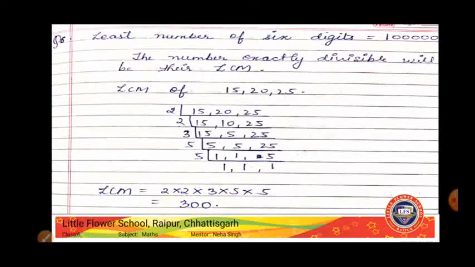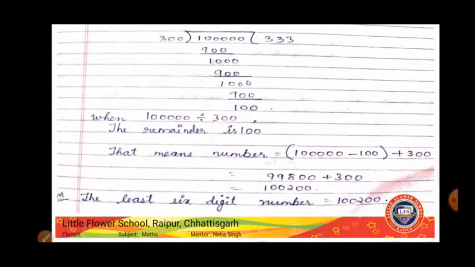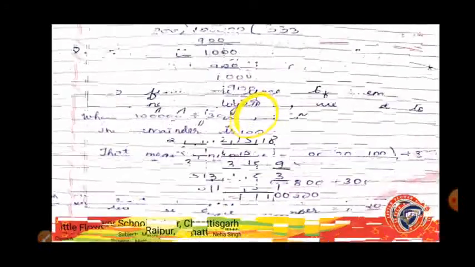Now since it is the least number of 6 digits, we will divide 1 lakh by 300, right? Why are we dividing? Because we need to know the least number which is exactly divisible. The answer is 333, but the remainder here is 100, right?